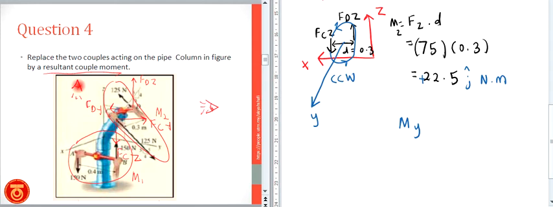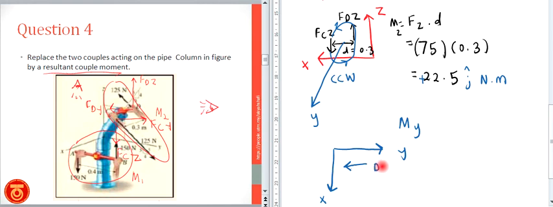You see from the top, so you will see the y and x axis, and then you have FDY and another is FCY.